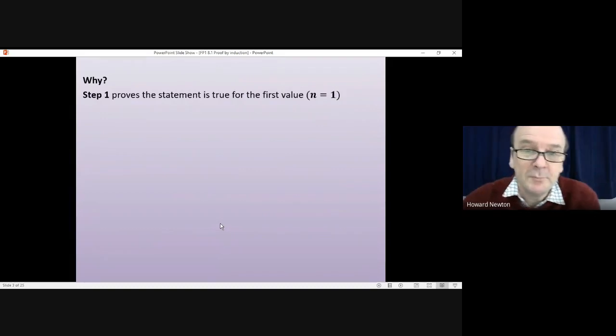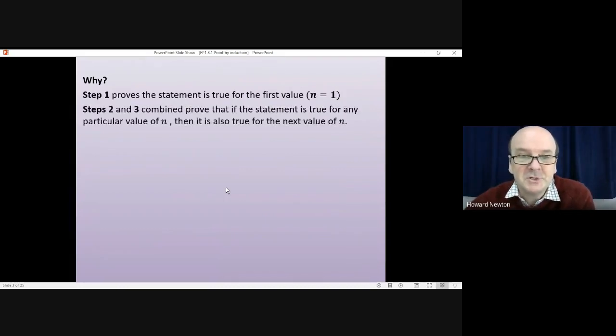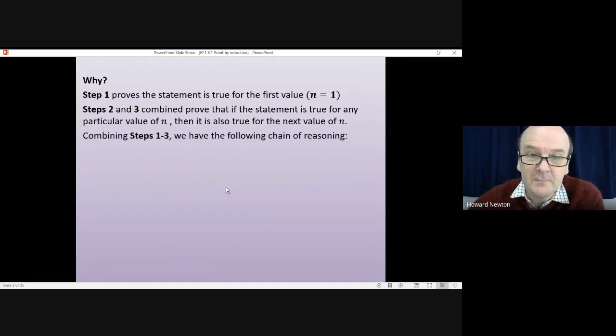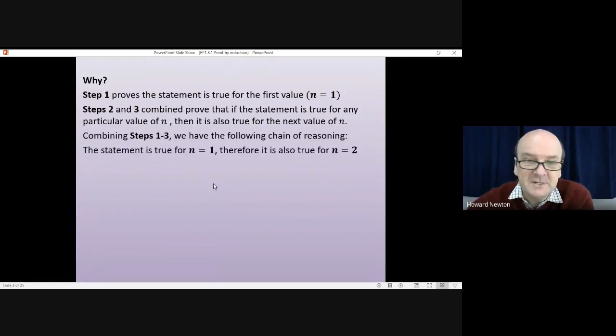Why is that? Well, step 1 proves that the statement is true for the first value, n equals 1. Steps 2 and 3 combined prove that if the statement is true for any particular value, then it's also true for the next value. If you combine these 3 steps together, we have the following chain of reasoning. The statement is true for n equals 1, we prove that, but therefore it's also true for n equals 2, because that's the effect of steps 2 and 3.